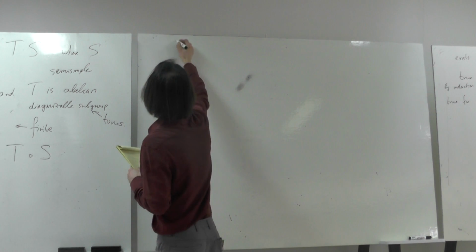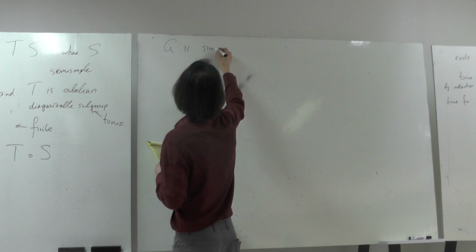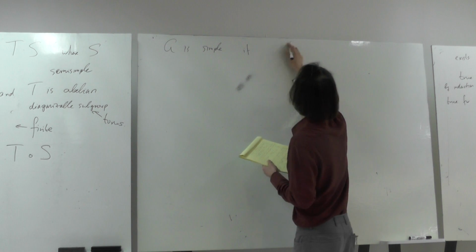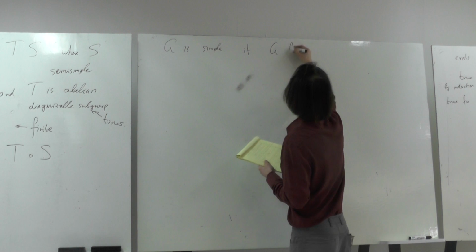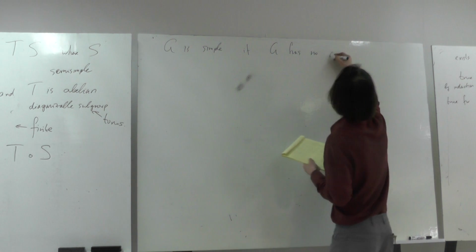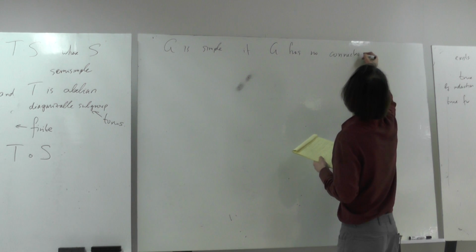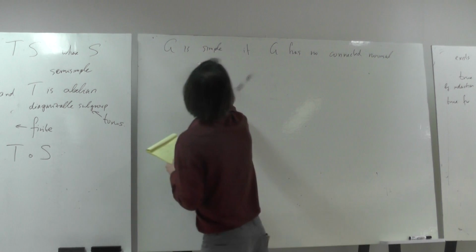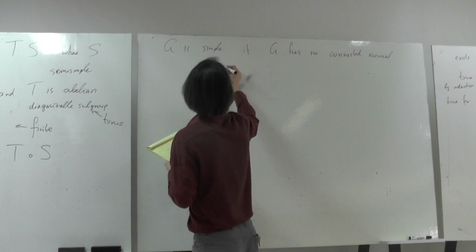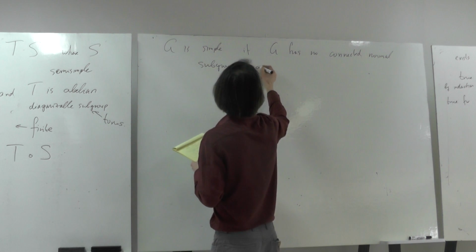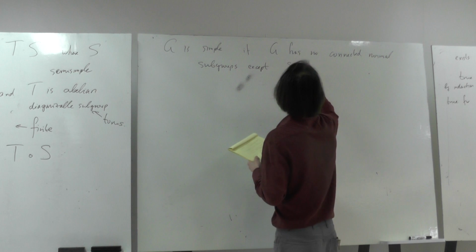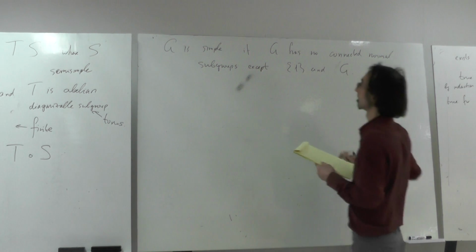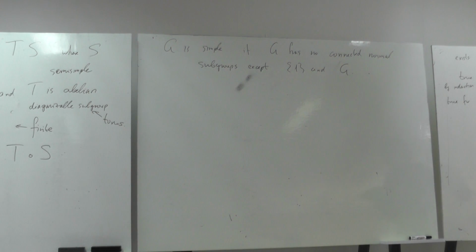Now, G is simple. Basically, if G has no connected normal subgroups, so I take G. This is a definition.